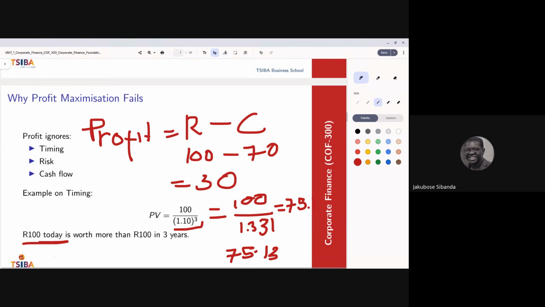Because the value has decreased due to inflation, using this kind of scenario here. So you need to be able to move forward, calculate the future value, or calculate the discounted values.